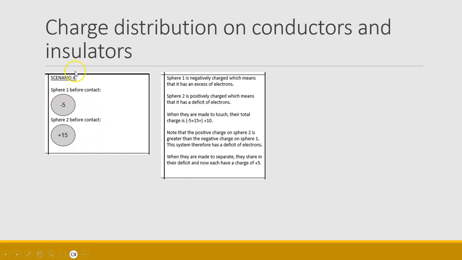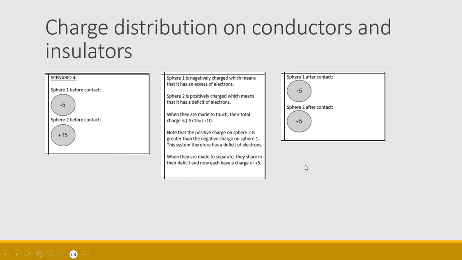The total charge in the system is -5 plus 15, which is +10. So when the two have separated from each other, they are going to share in this deficit. So they will now each have a charge of positive 5.